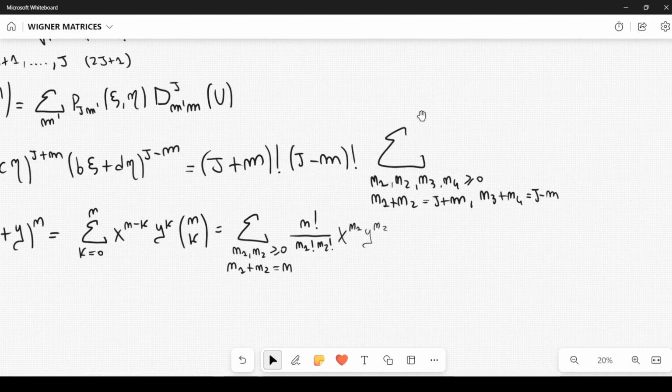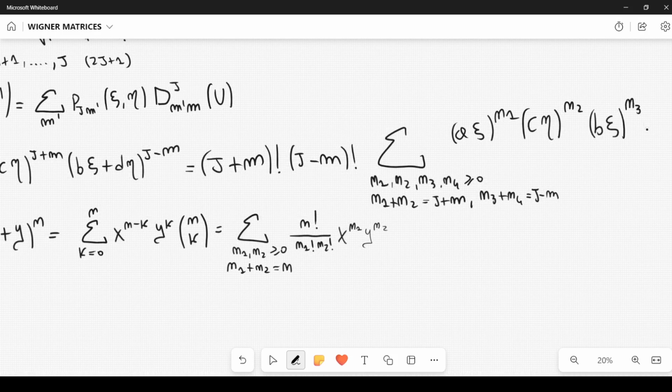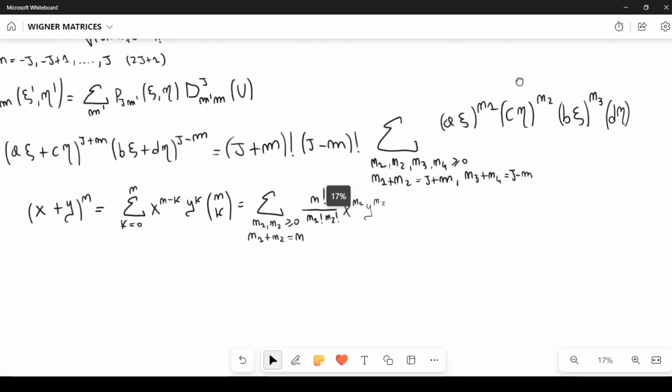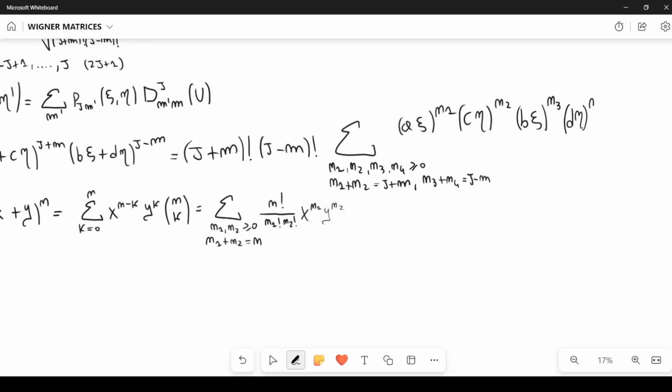And then in here I have xi to the power n1, c eta to the power n2, b xi to the power n3, and d eta to the power n4. We have to divide by n1 factorial, n2 factorial, n3 factorial, n4 factorial.